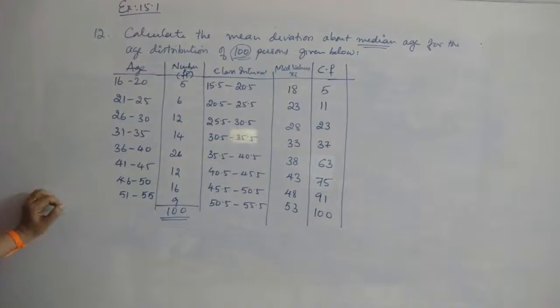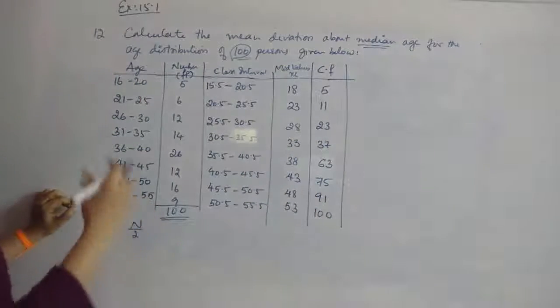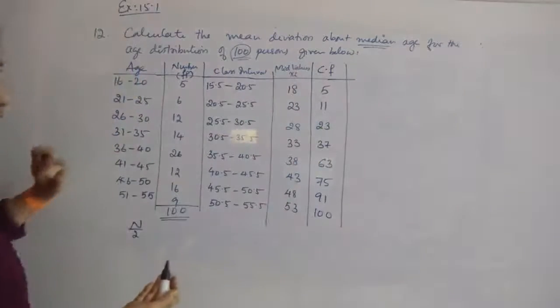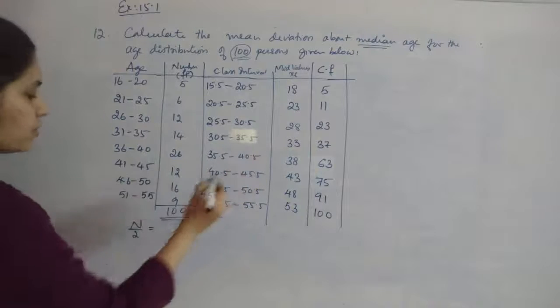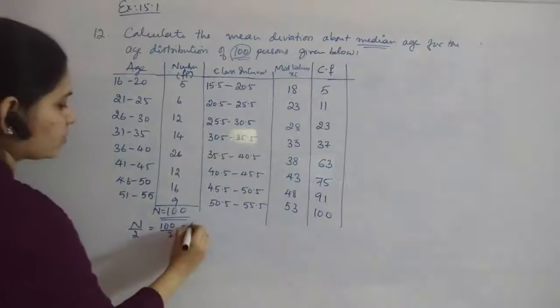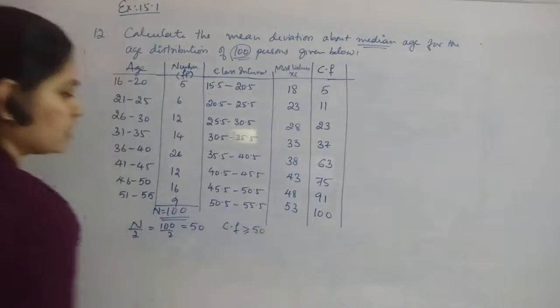Before drawing the next column, we have to find the median. What is n by 2? n is 100, so n by 2 is 50. You have to take the CF which is greater than or equal to 50.